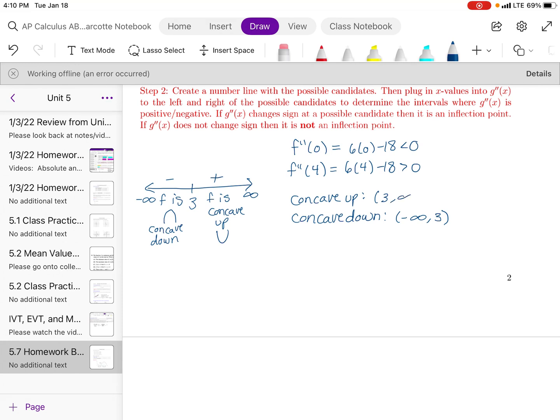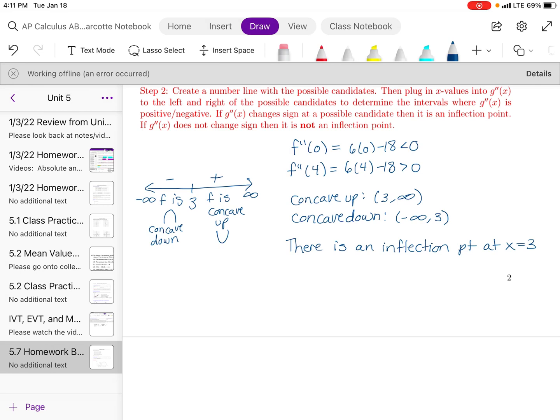And then from 3 to infinity for concave up. Okay, and so I'm going to say here that there is an inflection point at x equals 3. Okay, so I'm only giving the location for the inflection point here.